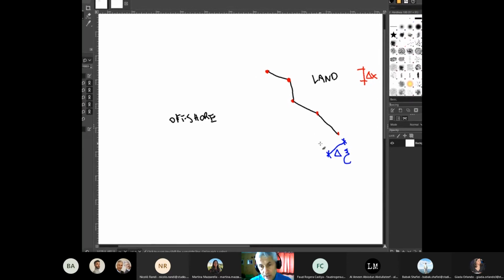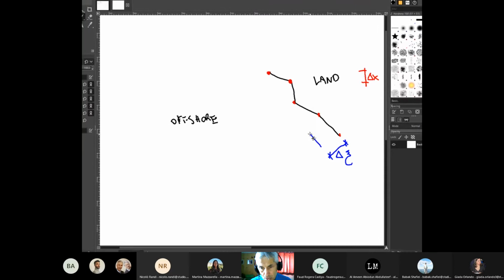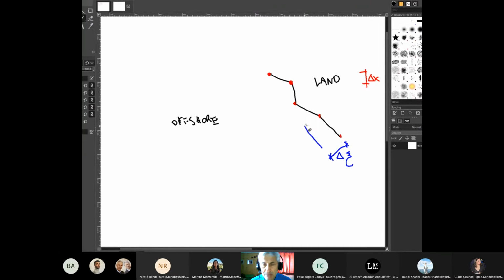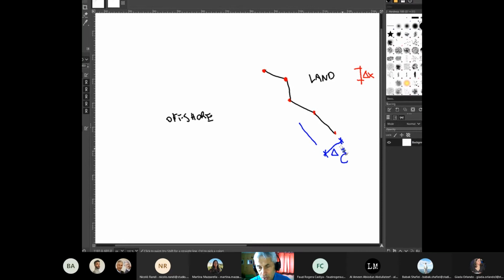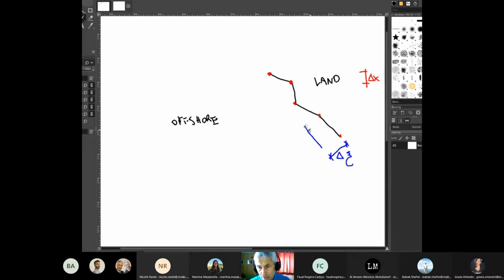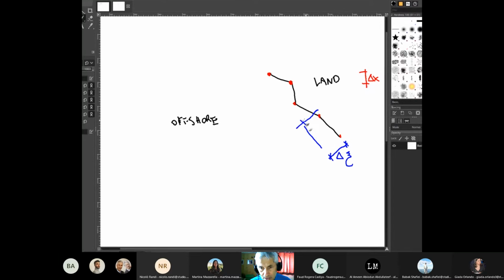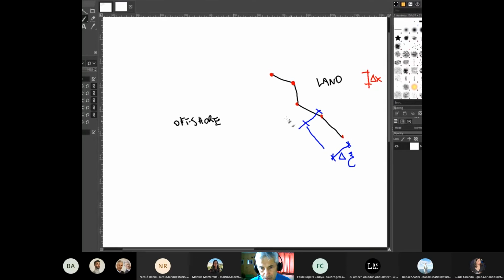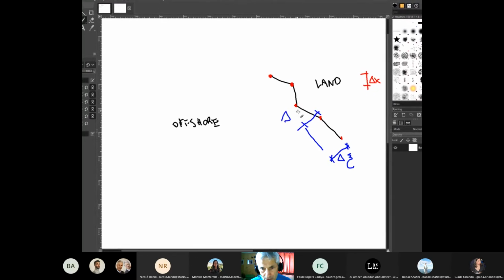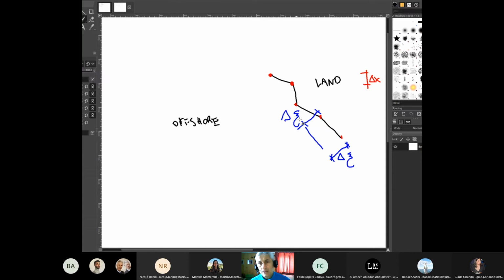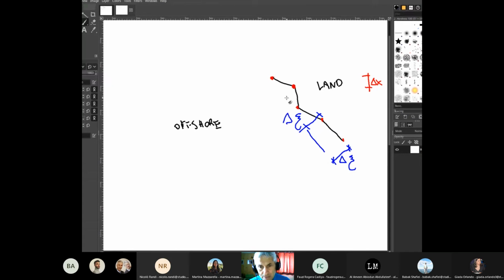Now, it means that the new coastline keeps the same orientation, and therefore, if you have an advance of delta Xc here, you have the same advance delta Xc here. It is identical. And even here.